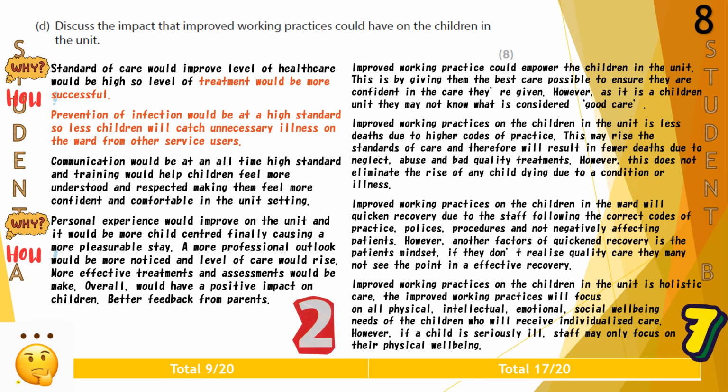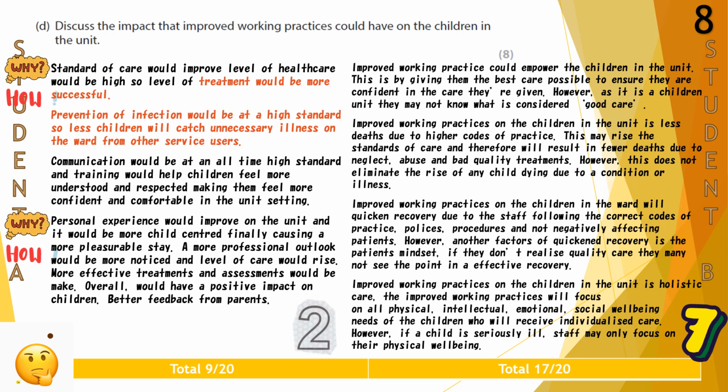So again, not always specifically focused on the question. It is, again, a little bit more of a scattergun, throw it all in, with some mini evaluations highlighting that actually it's not always going to be perfect. There are going to be things that still undermine these improvements. But this was awarded 7 out of 8.